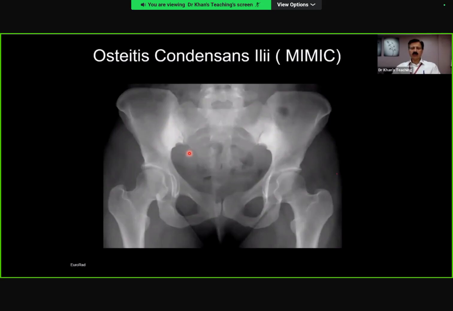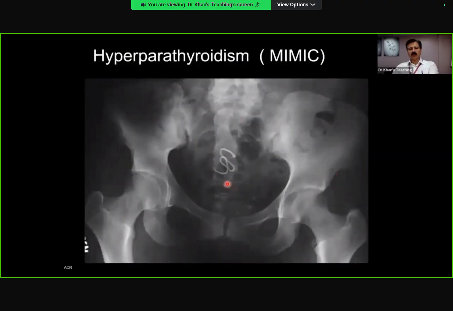Because of the strains of parturition during childbirth, there can be sclerosis later on. It will be bilateral symmetrical, a triangular sclerosis. The joint space will be normal. There will be no erosions. And the history will be as I have told you. So remember this for your day-to-day reporting.